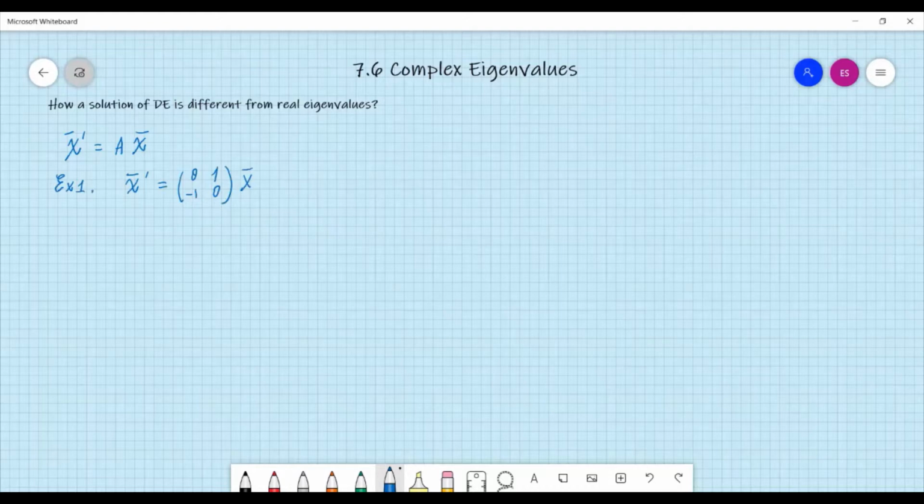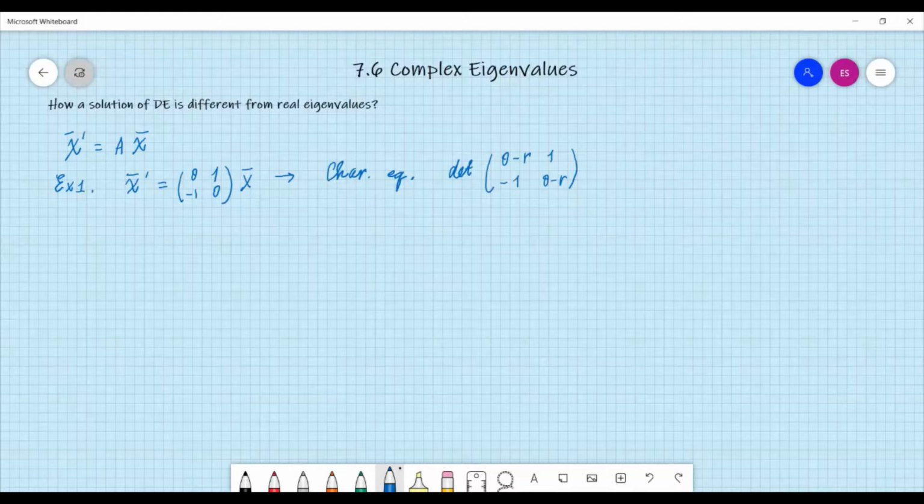So I'm going to build the characteristic equation, and the characteristic equation is going to provide us with eigenvalues. I'm going to take a determinant of it, right? It's 0 minus r, 1, -1, and again 0 minus r. I'm trying to make it a very simple one, just to show how everything is working.